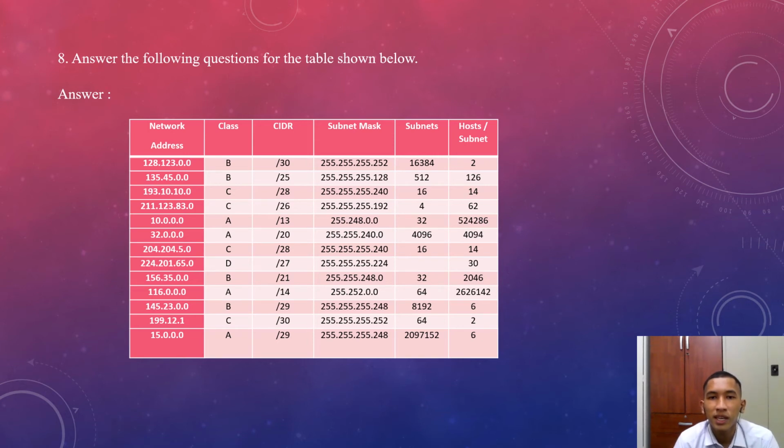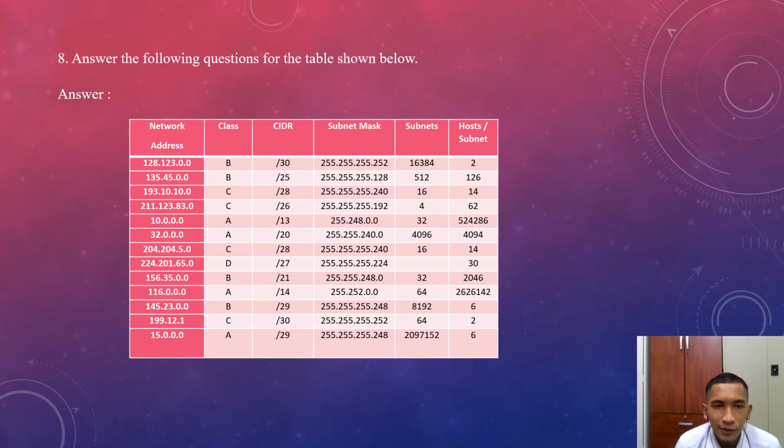255.255.255.240, the subnet is 16, and the host per subnet is 14. Number 4 is class C, CIDR is /26, subnet mask 255.255.255.192, subnet is 4, host per subnet is 62.